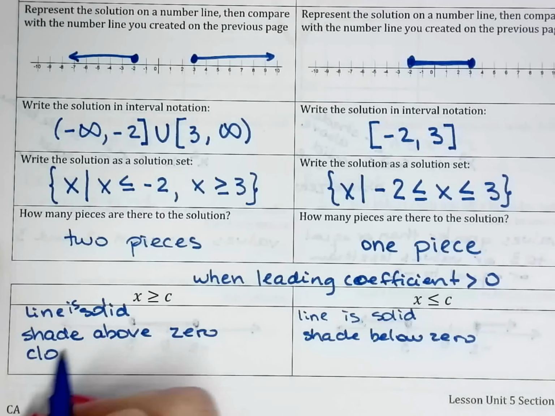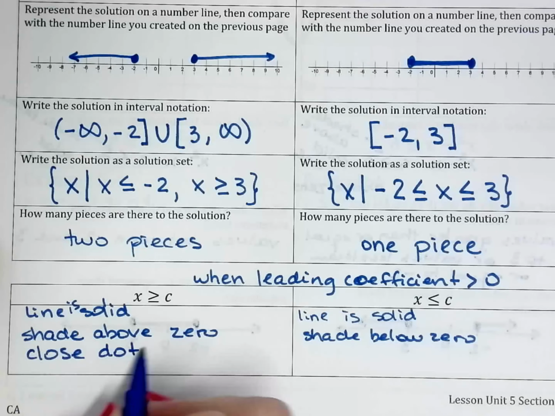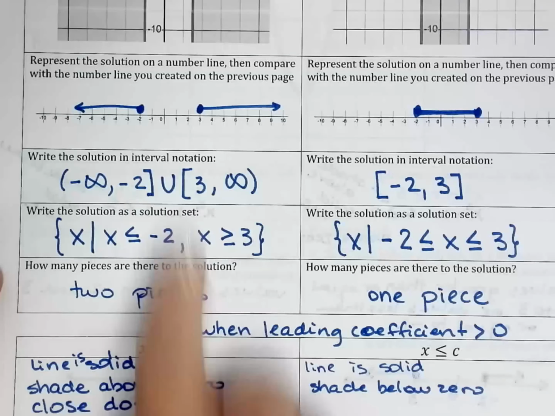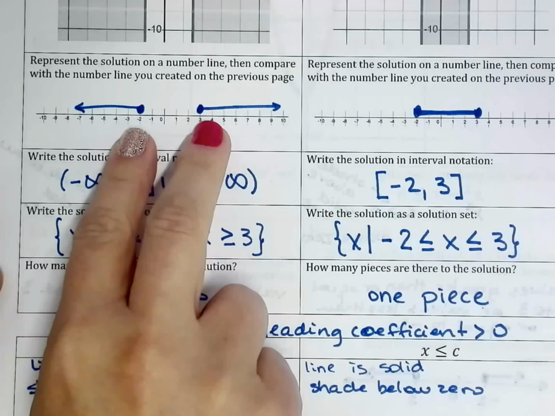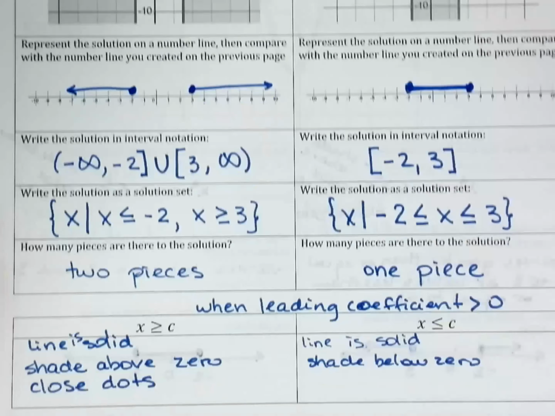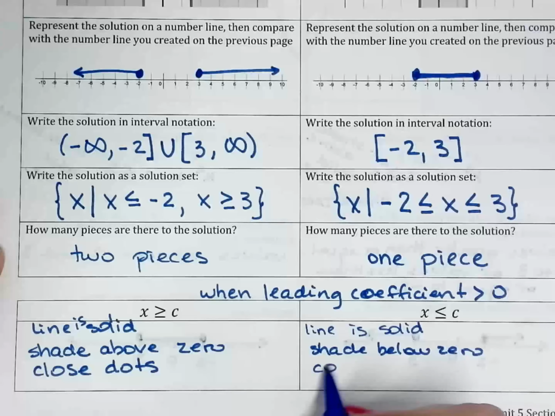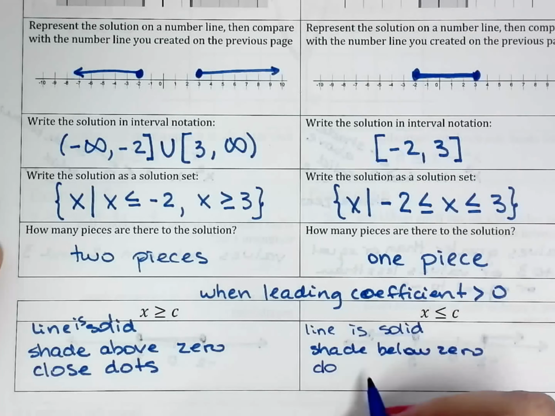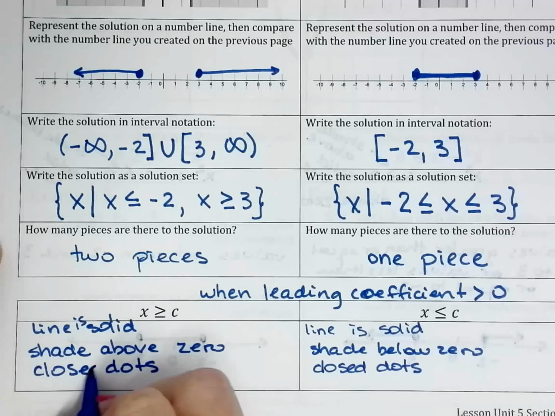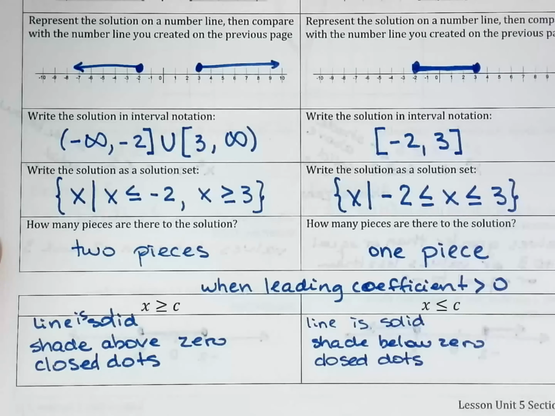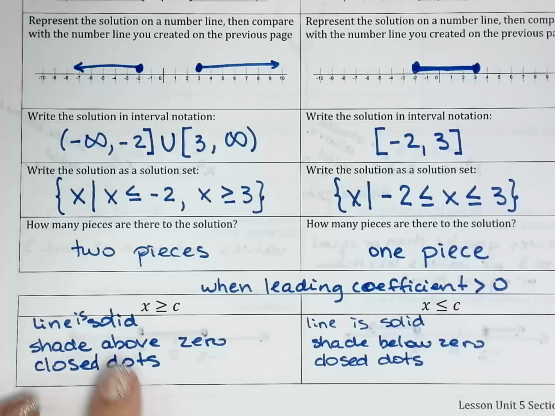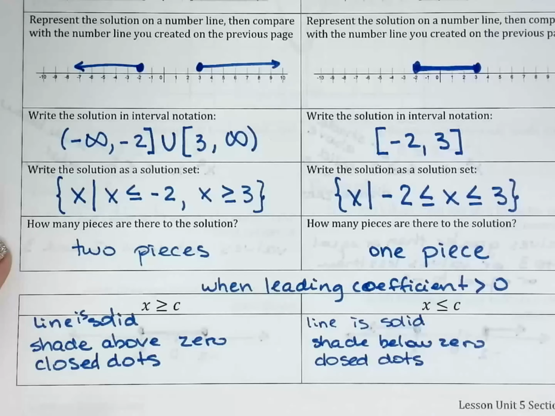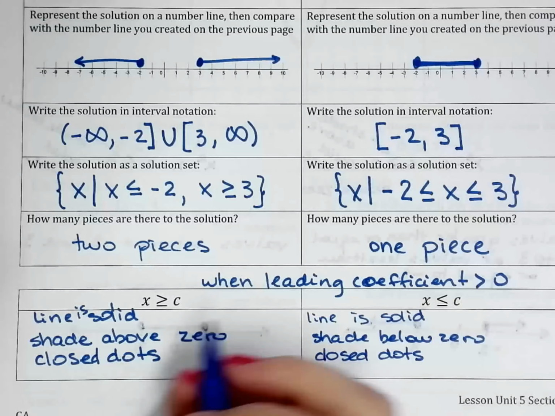What else do we have? We have closed dots. I'm talking about these closed dots right there. I forgot the D right there. Closed dots. We already talked about solid lines. Oh yeah, and if we're talking about interval notation, they are inclusive.